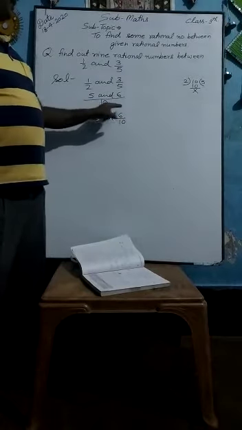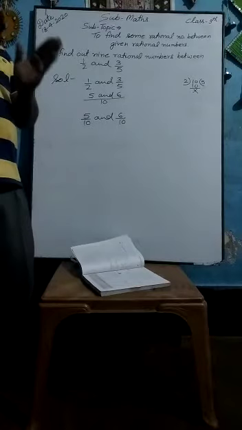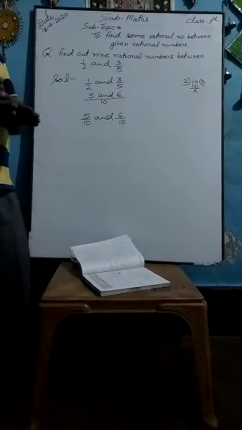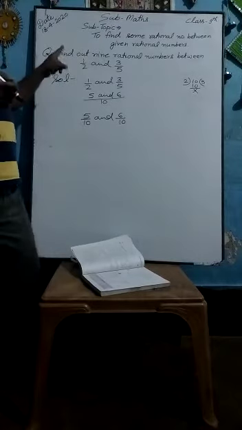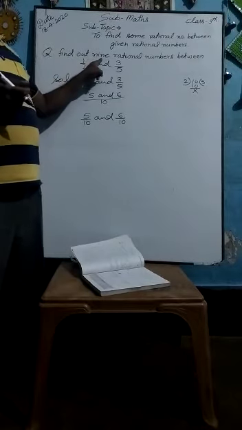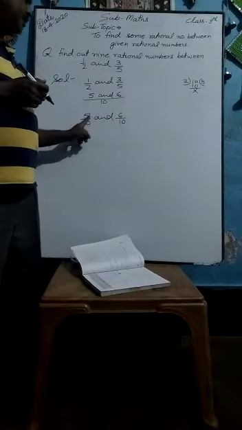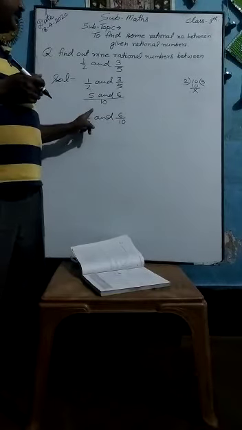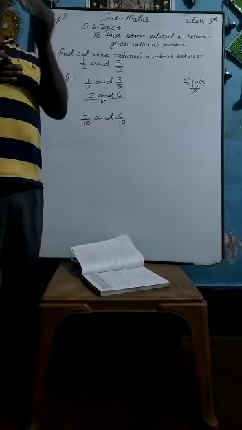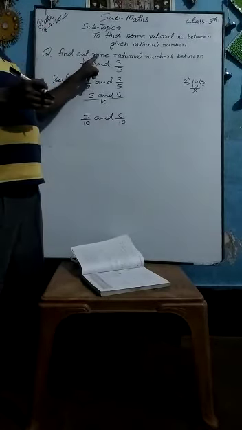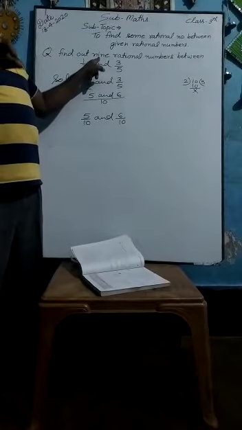Between these two numbers you cannot find 9 rational numbers. Then what do you have to do? If you need to find 9 rational numbers, multiply the numerator and denominator by 10, the successive number after 9.